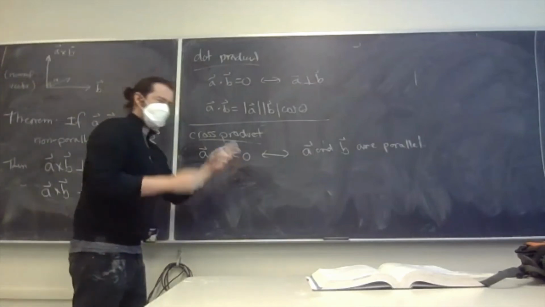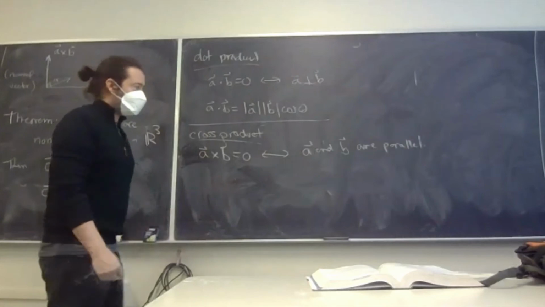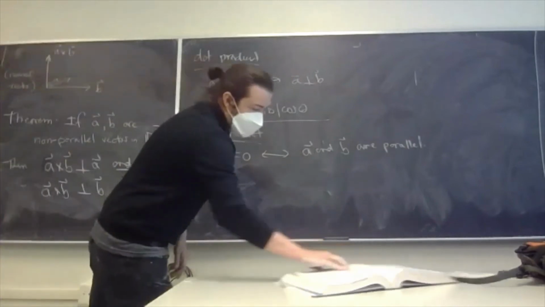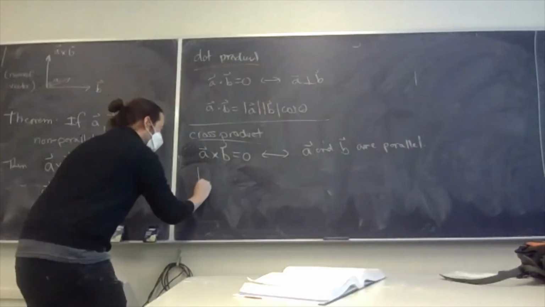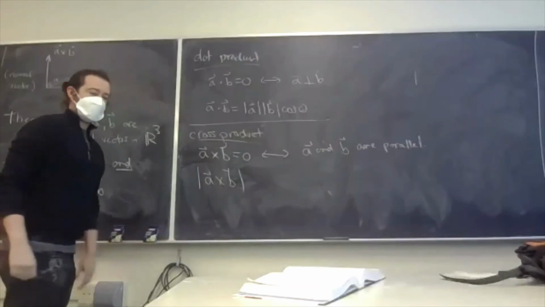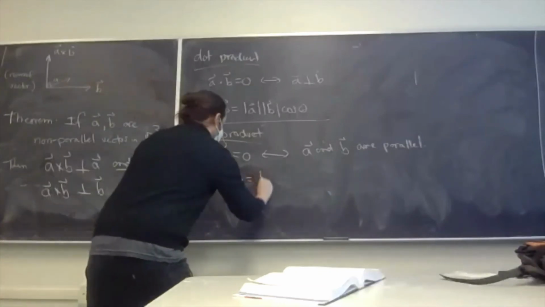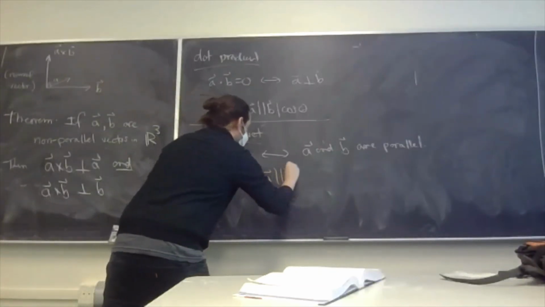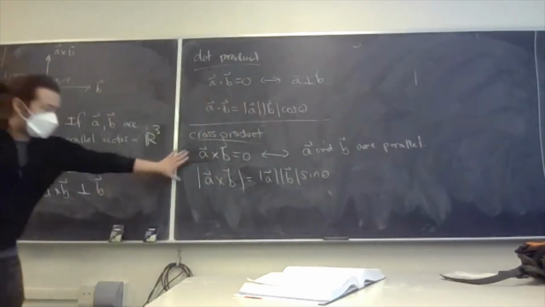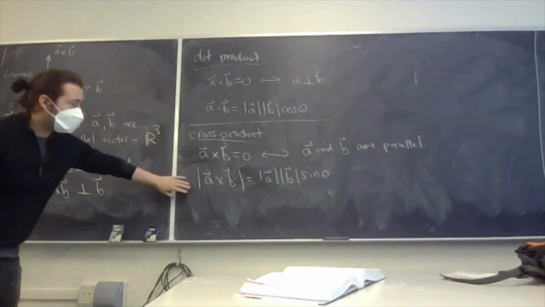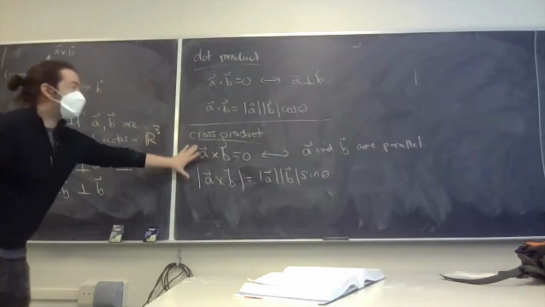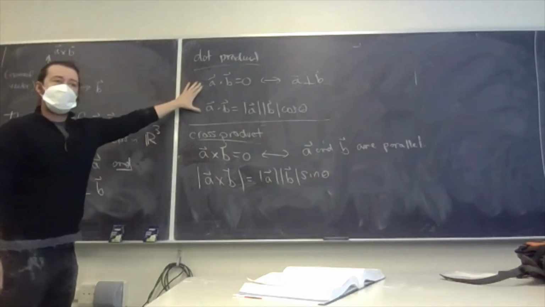Now remember, 0 here means the 0 vector, but a pile of zeros is still 0. And then I'm going to write down this formula. The length or magnitude of the vector A cross B is the length of A times the length of B times the sine of the angle between them. So cross products tell you also about angle, but they tell you about parallel vectors, where the dot product tells you about perpendicular vectors.